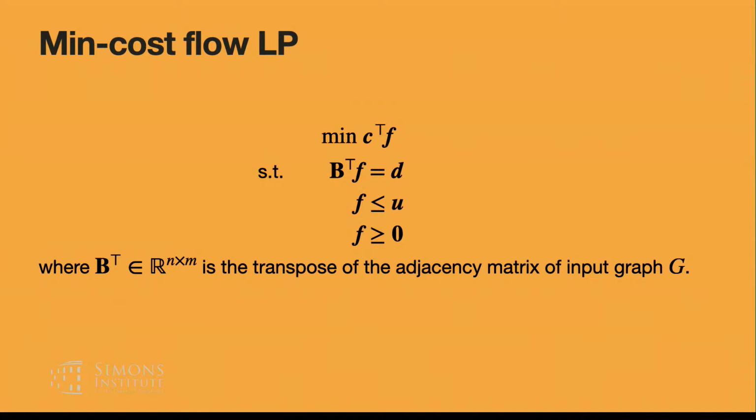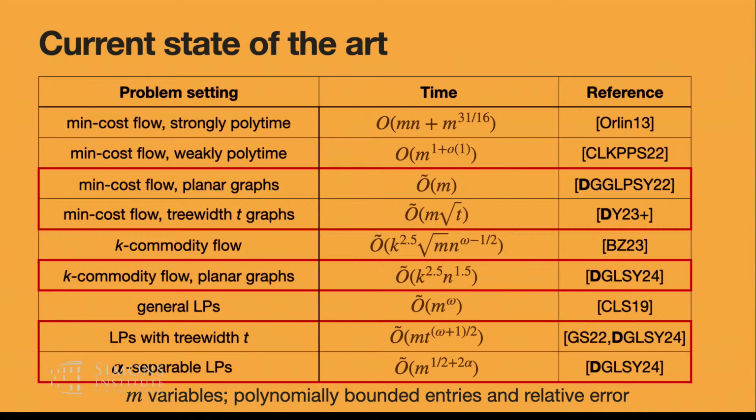Okay, so we talked about min cost flow and linear programs. These are some of the current state-of-the-art results for research in this direction. In my talk, I'll be focusing on these 5 that I've highlighted. Basically, they're all on graphs or general linear programs that exhibit specific structural properties.